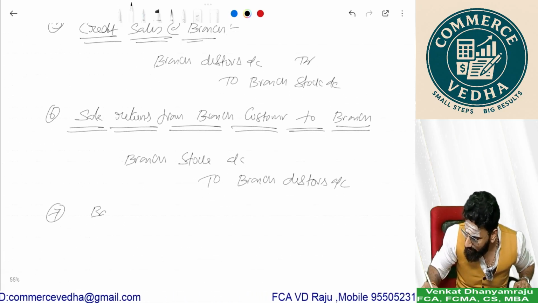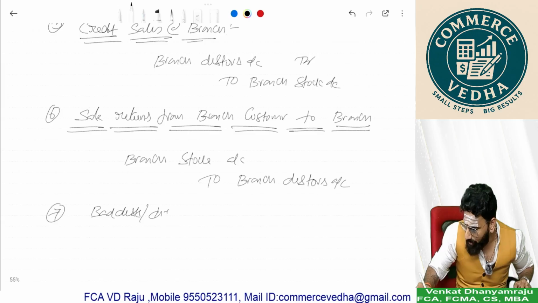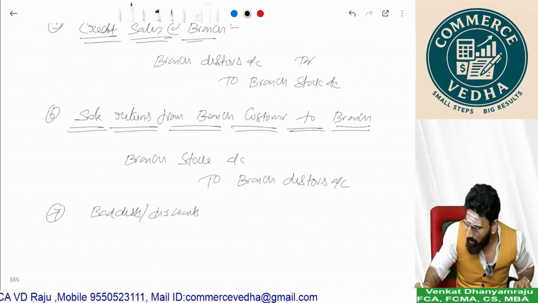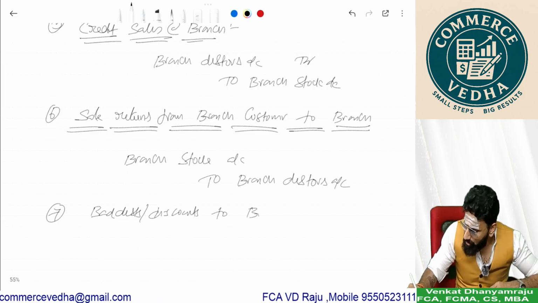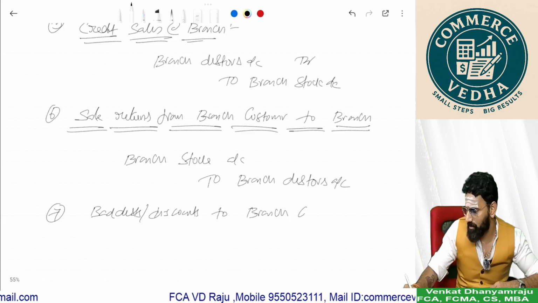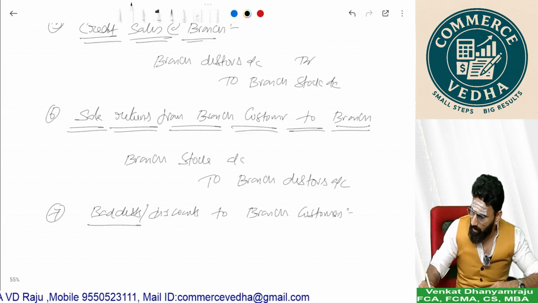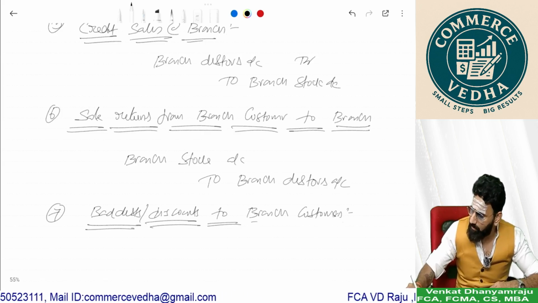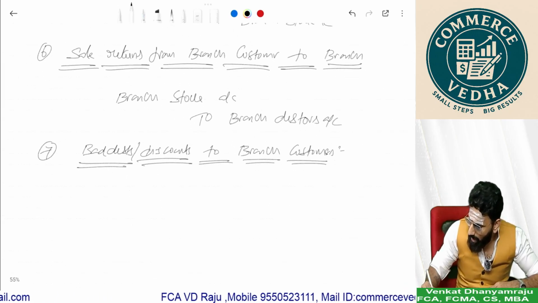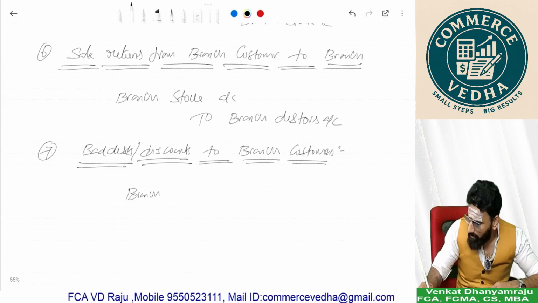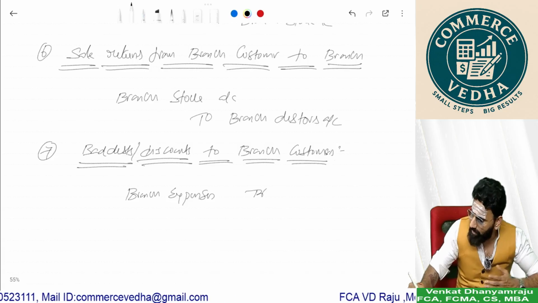bad debts, discounts to branch customers. These are the expenses at the branch. So what we should do here is branch expenses debit, expense always debit.